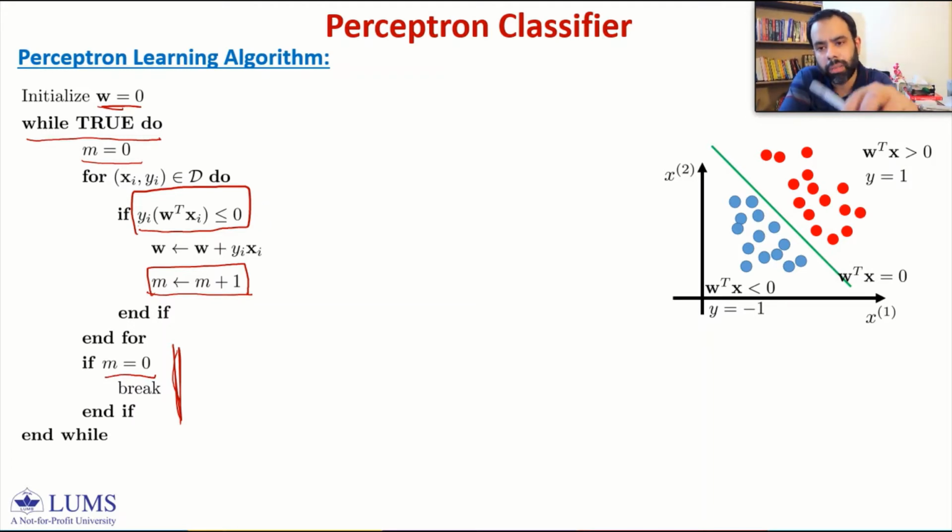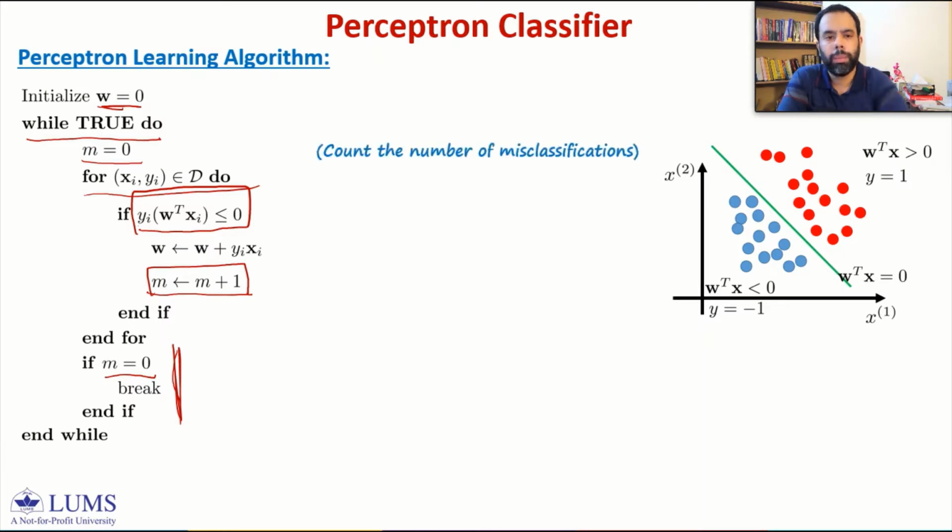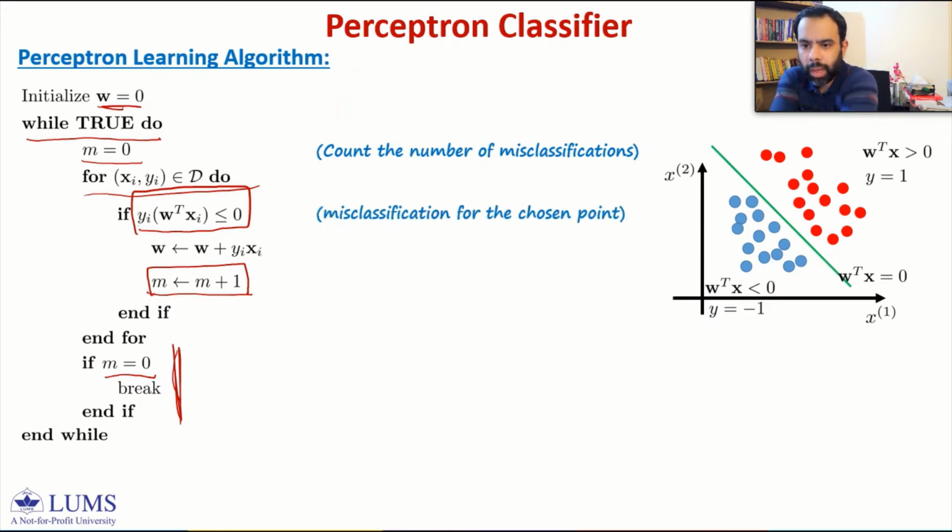So we are iterating, this for loop is iterating over the points in the dataset. So m will be counting the number of misclassifications, right? And misclassification for the chosen point occurs when yi w transpose xi is less than or equal to 0.